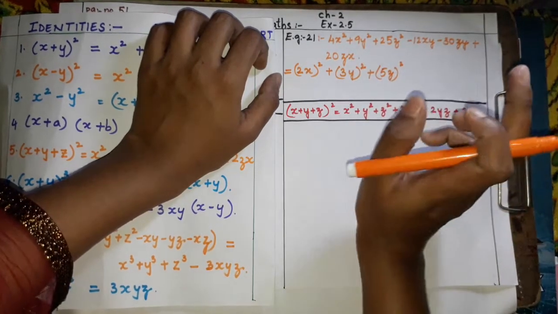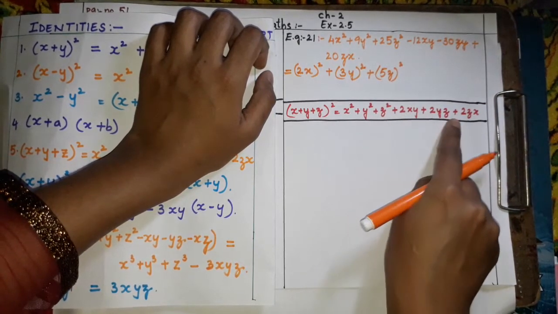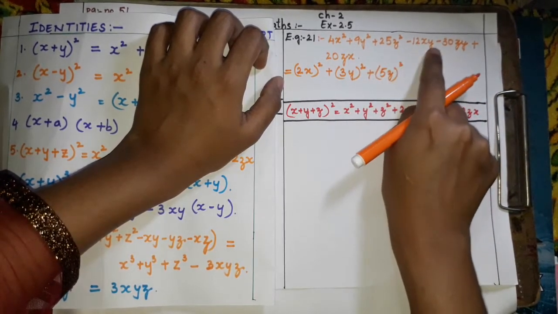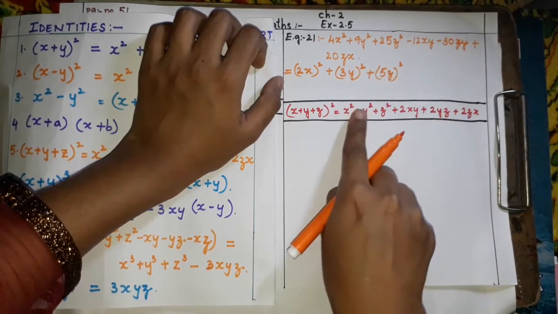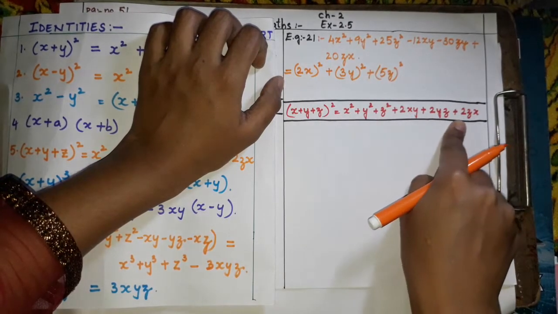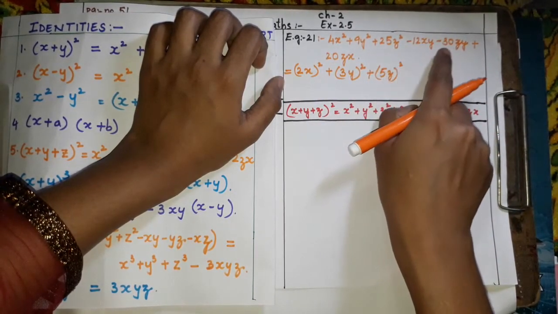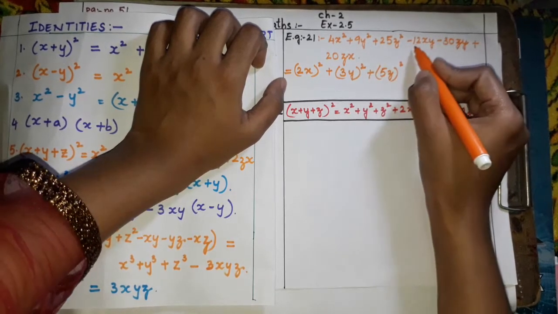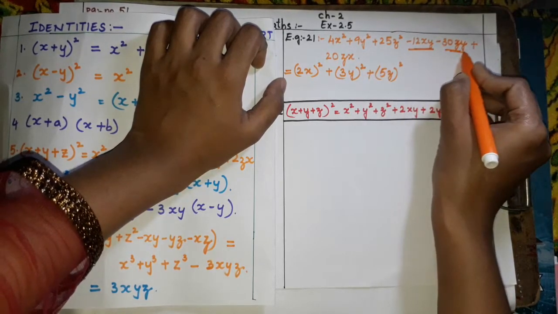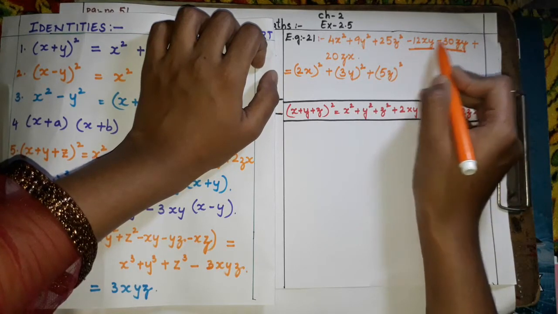Now see here, in the identity we have all three also plus, children. Here it is both minus. Here plus, plus, plus, plus, plus. All the terms are plus. Here plus, plus. Here it is minus. Here it is minus. So in these two terms, which variable is similar children? y is similar.